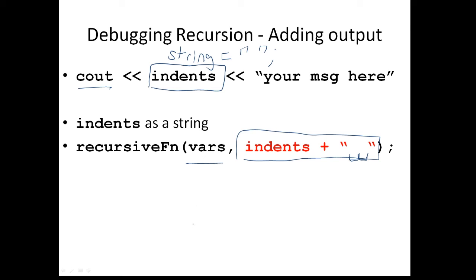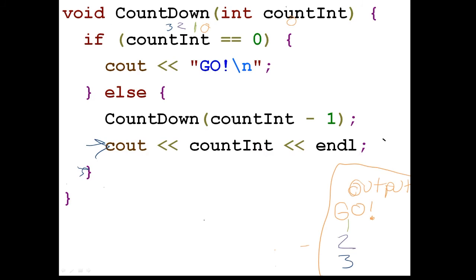And so if we come back to the other function that we just did, this countdown, really what I'm advising you to do is to make a string over here, and call it indents. Then inside of this cout right here, you would just have indents.